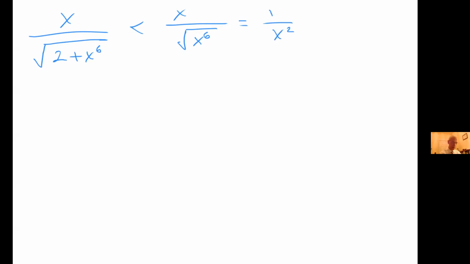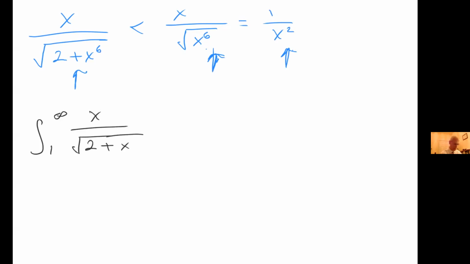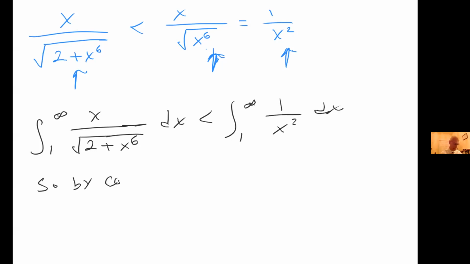And because this is converging and this is equal to this, then this must also be converging. So I'm going to write that the integral from 1 to infinity of x over square root of 2 plus x to the 6 dx is smaller than the integral from 1 to infinity of 1 over x squared dx. So by comparison, it is convergent.